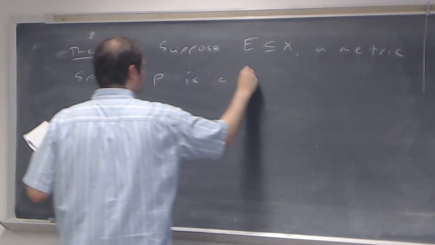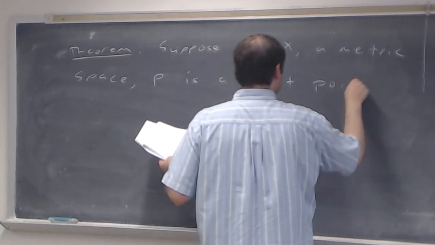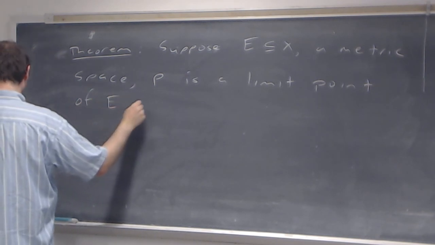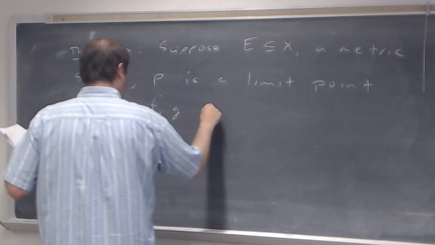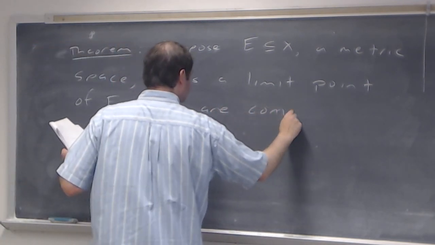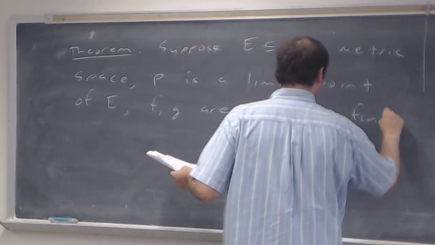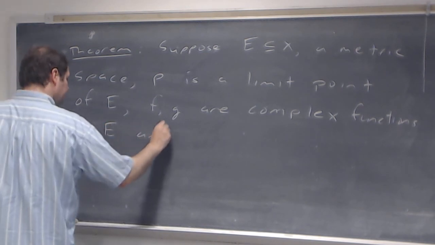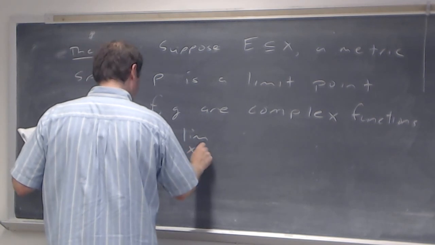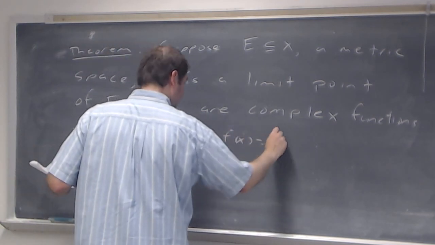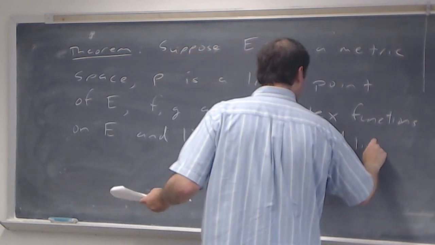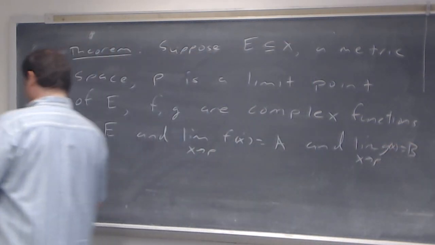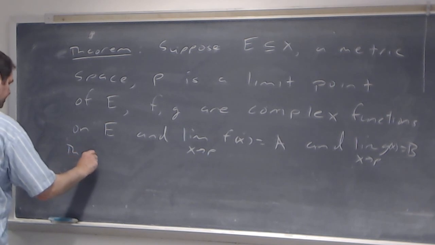P is a limit point of E. f and g are complex functions on E, and the limit as x goes to P of f of x exists, we call it A, and the limit as x goes to P of g of x exists, let's call it B. Okay, then we've got four parts.